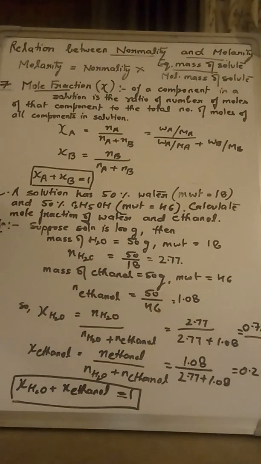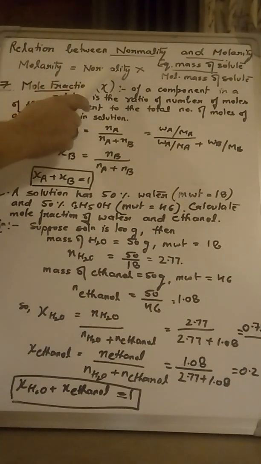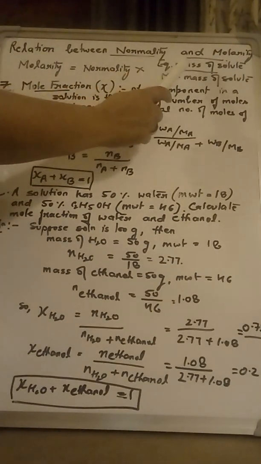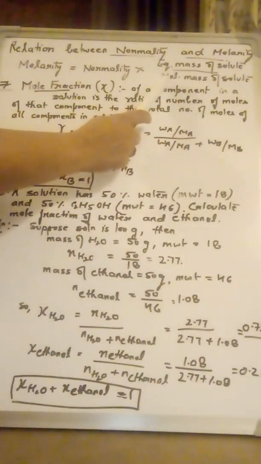That is, for a particular solute, if we could find molarity, then for the same solution, how can we find its normality from the molarity value? So this is the equation you should learn. This is the relation between the two. Molarity is equal to normality into equivalent mass of the solute upon molecular mass of solute.